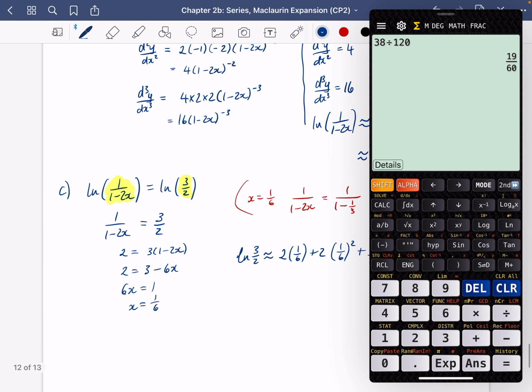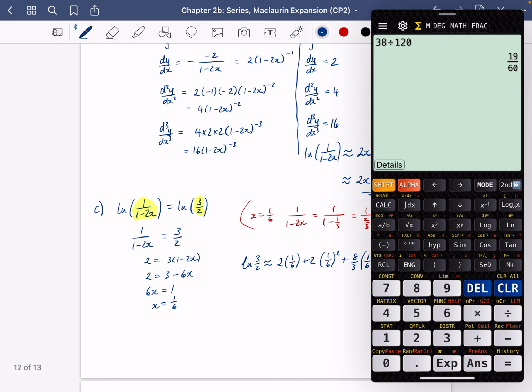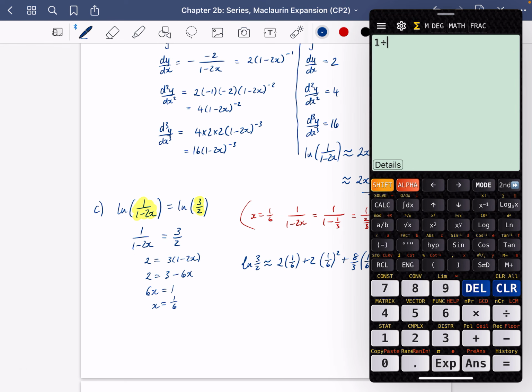So let's just move this across so I can actually see the whole thing. Okay. So I would do a sixth on my calculator, and I'm going to store that as the answer. So it's just going to be 2 answer plus 2 answer squared plus 8 over 3 times by the answer cubed. And we get 65 over 162.